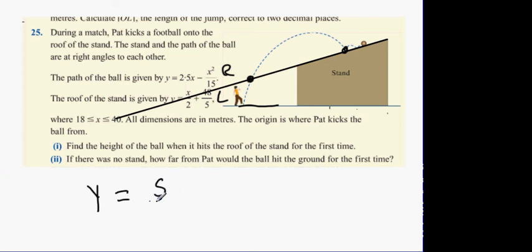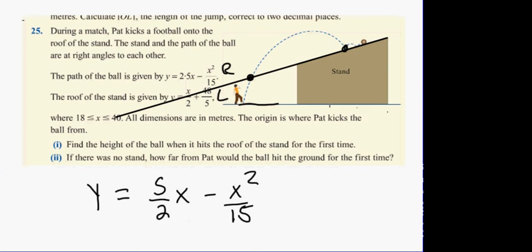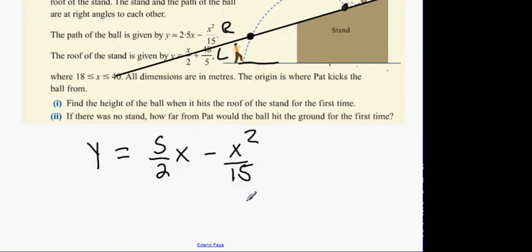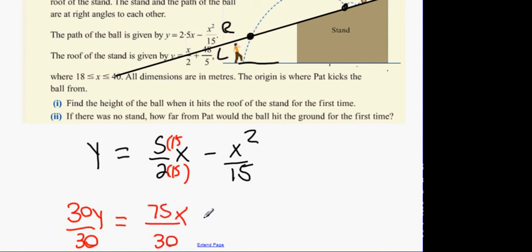5 over 2. So I'm going to change it to 5 over 2 x minus x squared over 15. I'm going to multiply both sides, so I don't want any fractions basically. So I'm going to use 30 on both sides, okay? So this is going to change into 30y over 30, and multiplying top and bottom by 15, 75x over 30 equals minus 2x squared over 30.